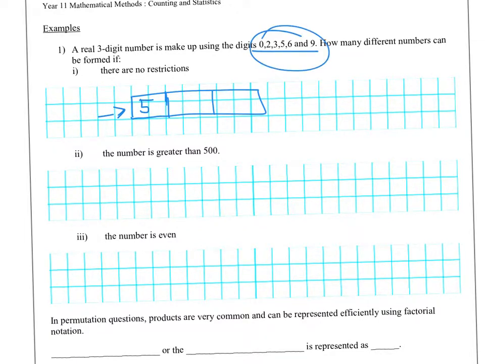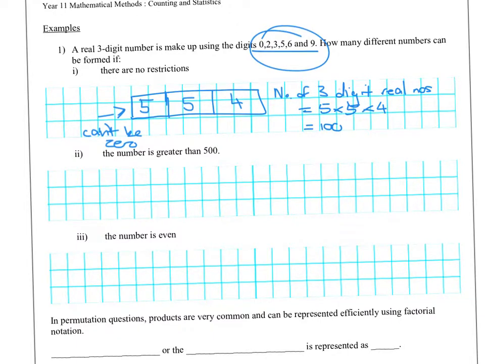Then for our second choice, I'm just going to write can't be 0, just so you understand why that's 5. For our second choice, we've got 0 as a possibility, but one of the others has been taken away, so we've got 5 again. And for our third choice, 2 numbers have been taken away, so we've got 4. So the number of 3-digit numbers is 5 times 5 times 4, which is 100.